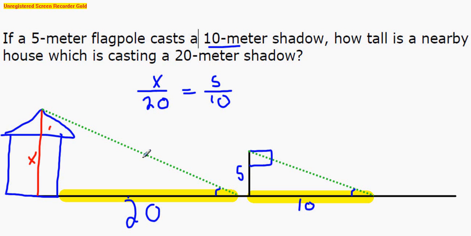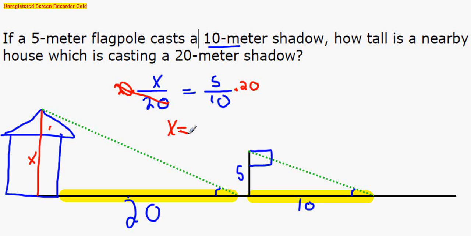Now we just need to get x by itself. To do that, I'm going to multiply each side by 20. 20 times this side is going to cross those out, and I'm going to multiply the right side by 20. On the left side, all I'm left with is just an x.